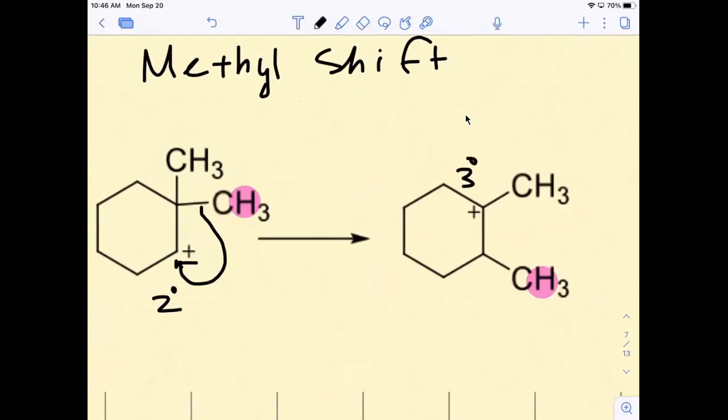So again, methyl shifts and hydride shifts, when they happen, those are rearrangements because you're moving an atom or an atom and electrons across space within the same molecule. But when they happen, normally it's to go from a less stable state to a more stable state.